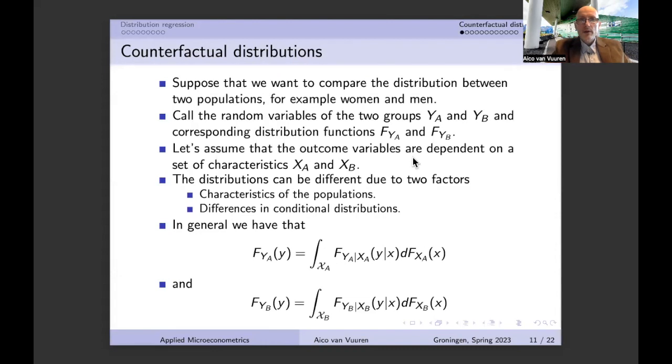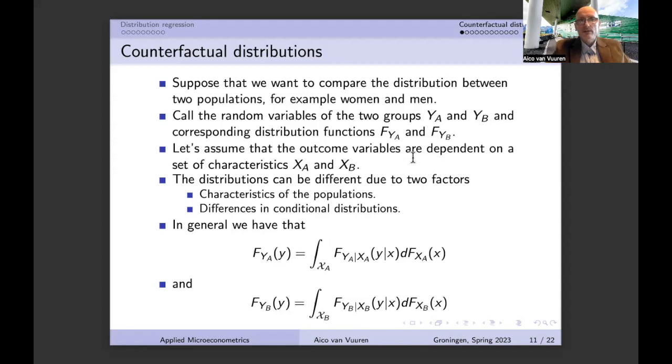I would like to go on with the next topic, and that's the topic of counterfactual distributions. Sometimes we want to compare the distribution between two populations. For example, we have already done that when we were looking at the quantiles between women and men.